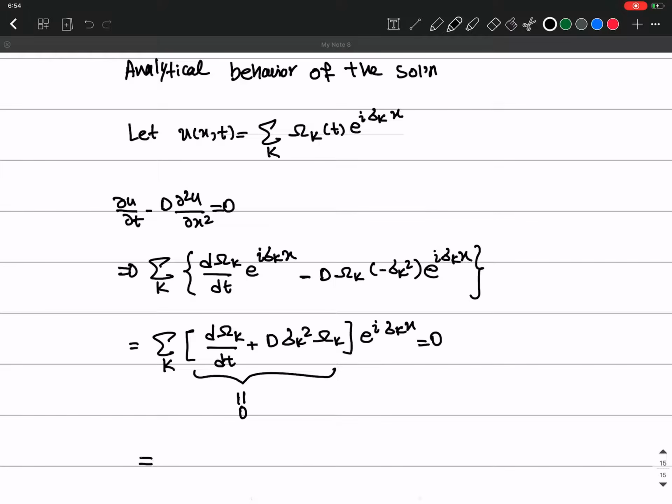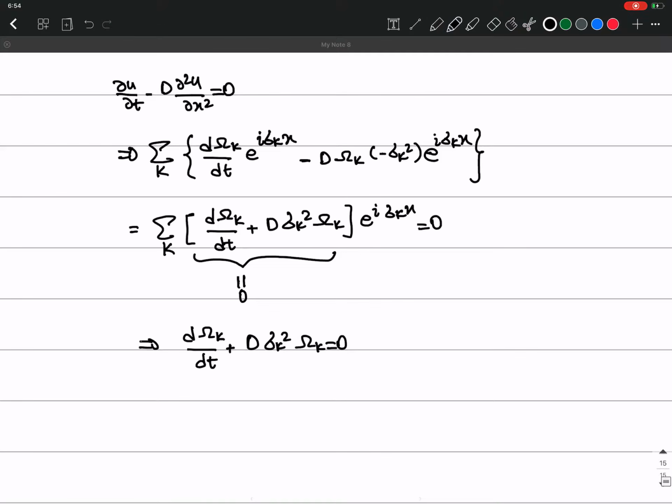So let's see. One of the solutions is going to be d omega_k over dt plus D sigma_k squared omega_k equals 0. So this is a simple first order ODE, so we can simply solve that. omega_k(t) is going to be alpha_k e^(-D sigma_k squared t).